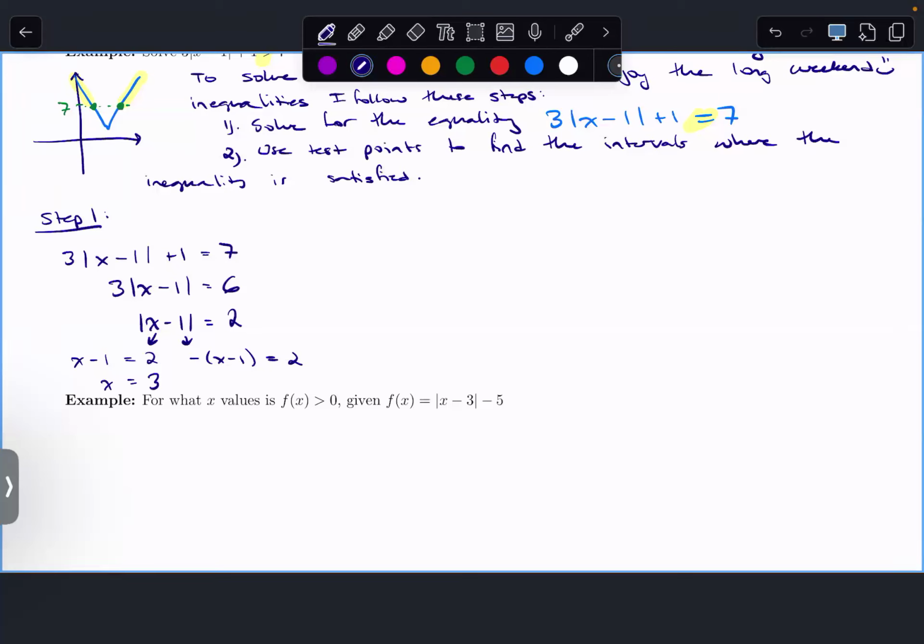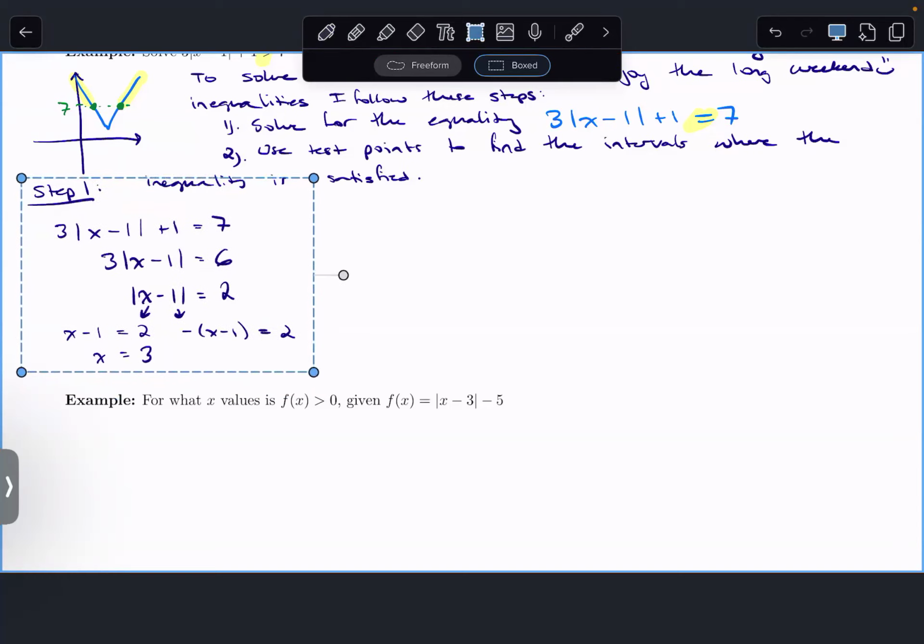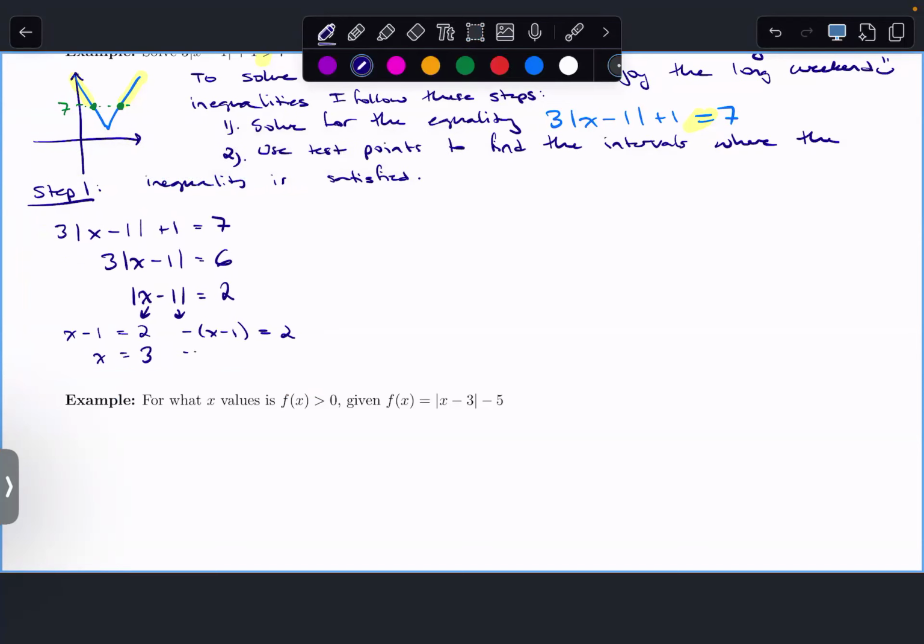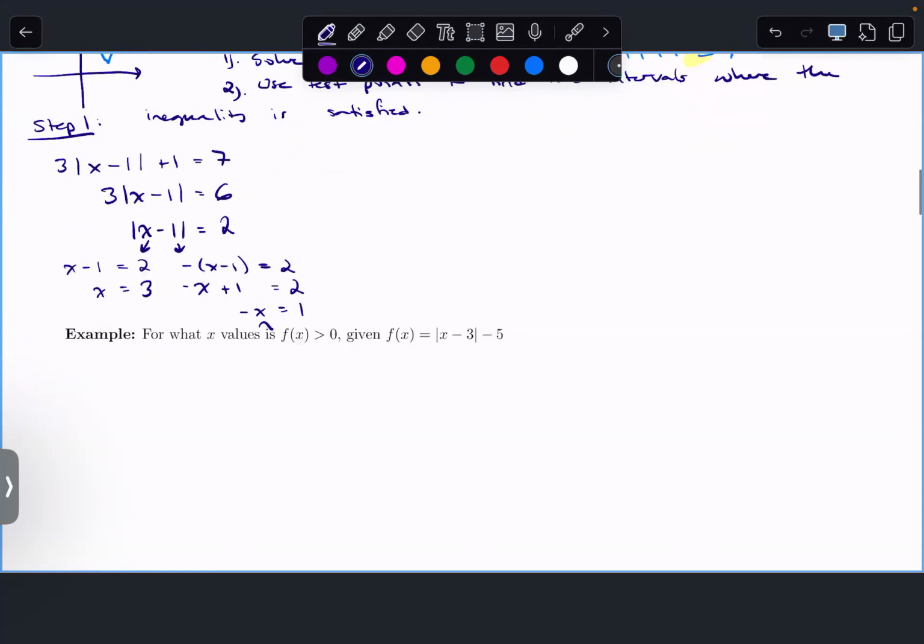But for consistency, I am going to use the same method that I was last day, which was mere days ago. Feels weird. Negative x plus 1 must be 2. And so negative x must be 1. So x must be negative 1.